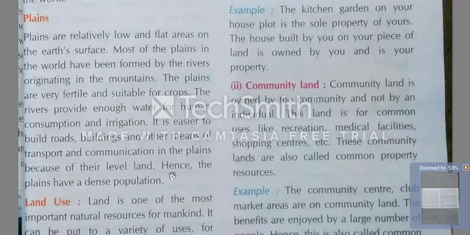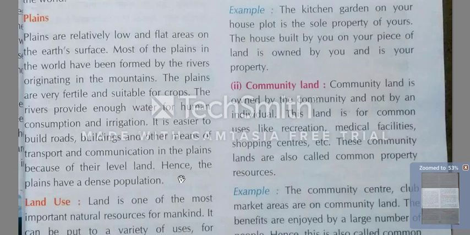Because of their level land, hence the plains have a dense population. This is the main reason for the plain area. So people are living there because they found that they can survive there very easily. If you compare the life of people who are living in mountain areas or plateau areas, you will see that in a plain area you can survive very easily.